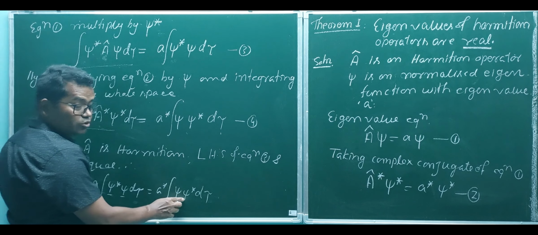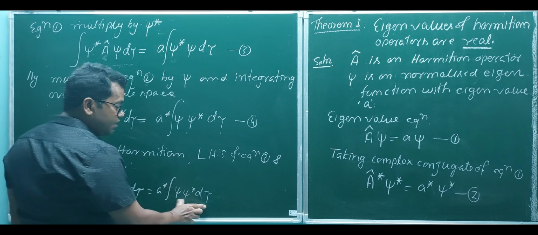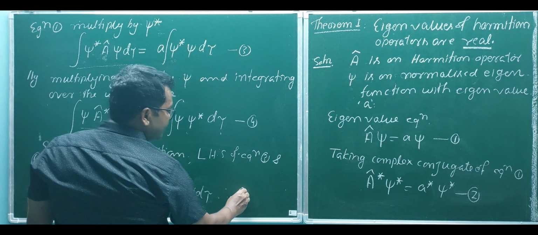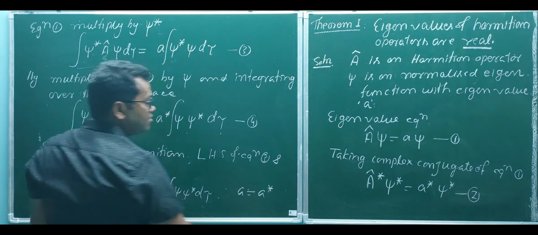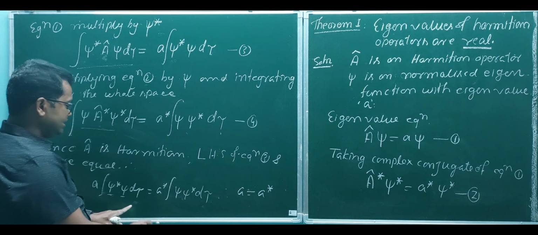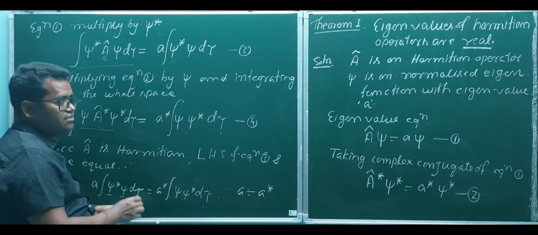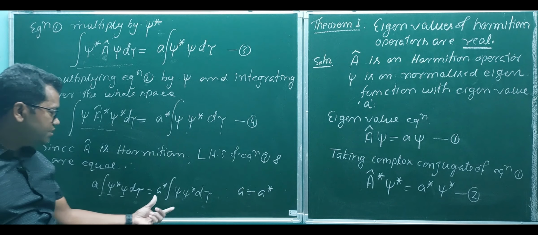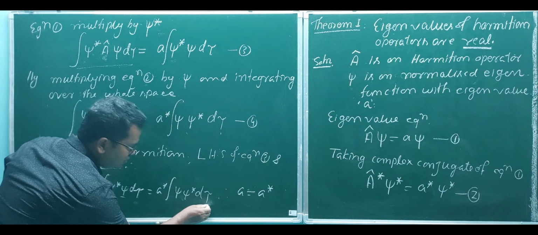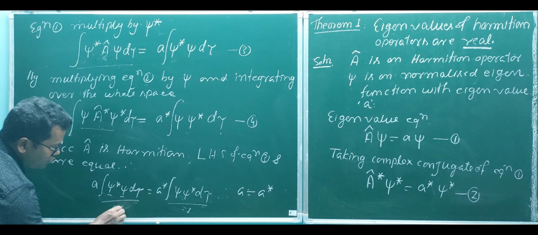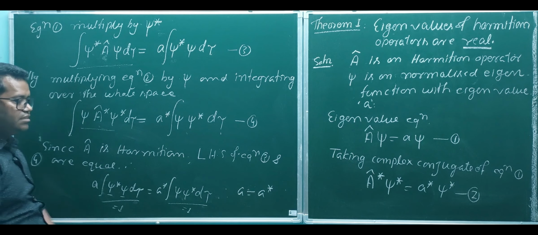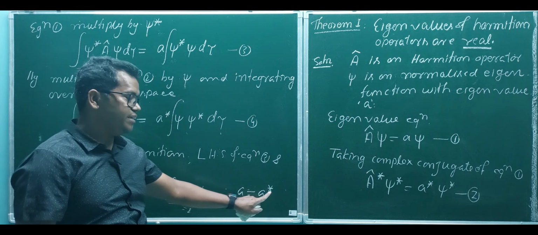Since psi is normalized, this should be equal to 1, therefore A equals A star.